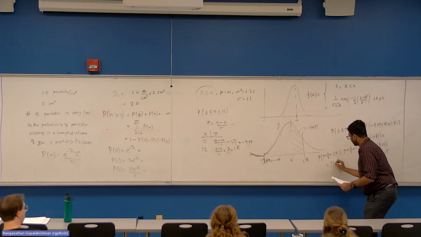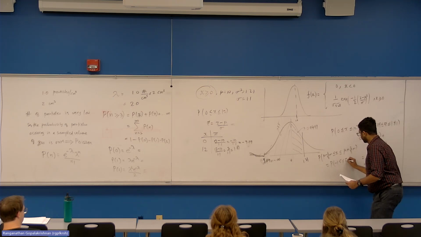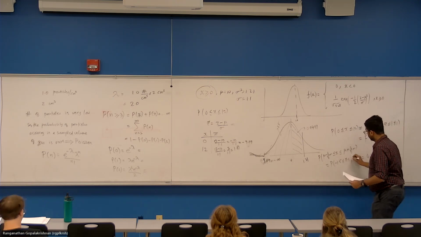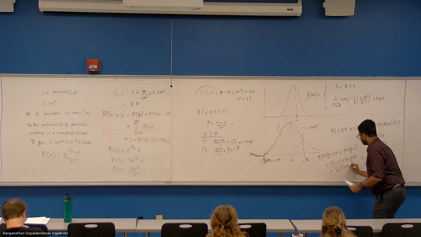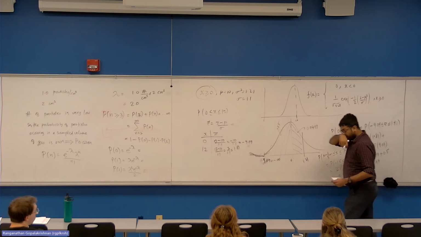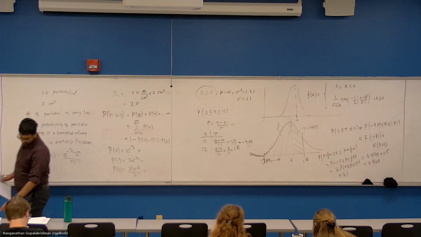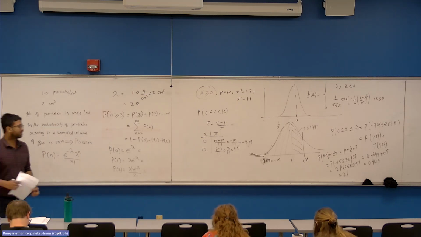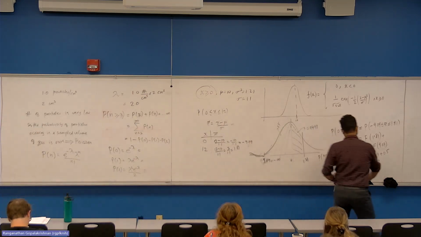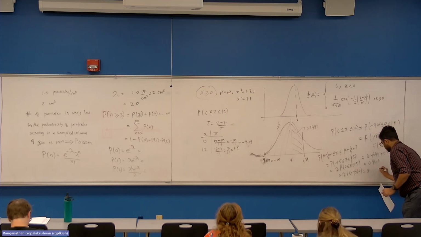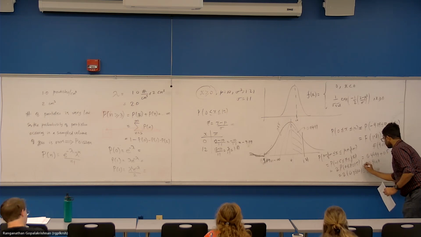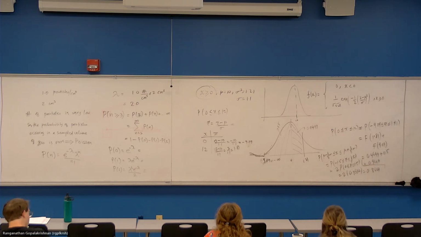This is essentially minus 1.5 to plus 1.5 of z, or this is 2 times probability of z up to 1.5, which you can look up. 2 times 0.4332 or 0.8664. Okay, so this is your quiz.